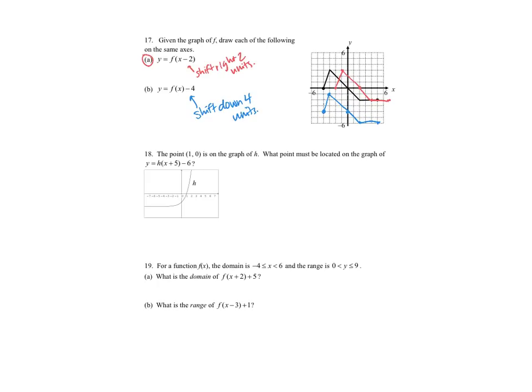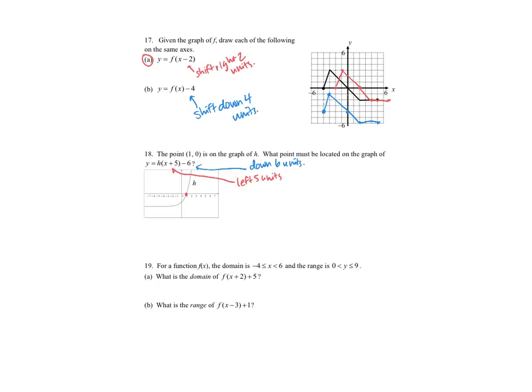So the next point says the point (1, 0) is on the graph of h. What point must be located on the graph of h of x plus 5 minus 6? The plus 5 here is shifting it to the left 5 units, and the minus 6 is shifting it down 6 units.